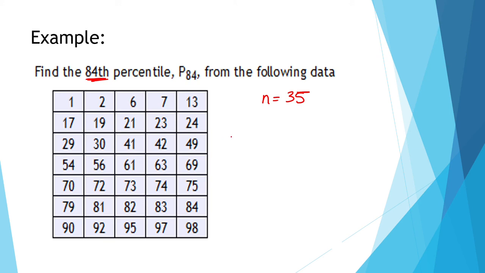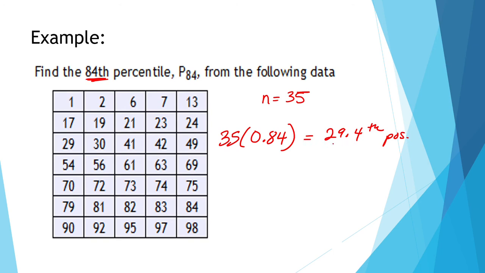To find the 84th percentile, we'll take 35 and multiply that by 0.84, which is 84% as a decimal. This gives me a value of 29.4, and I know the 29.4th position represents the 84th percentile.